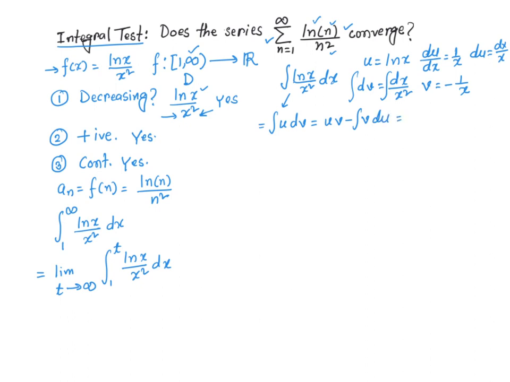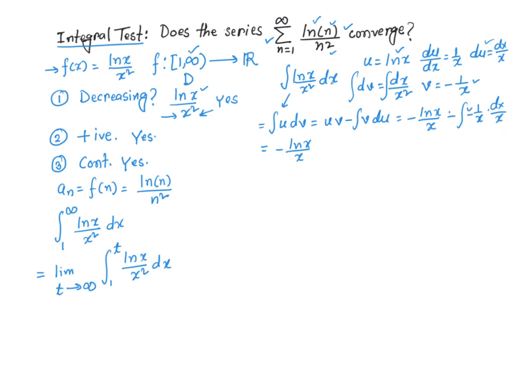Now uv: u is ln of x, v is negative 1 over x, so it's going to be negative ln of x over x, minus the integral of v du. V is negative 1 over x, du is dx over x.